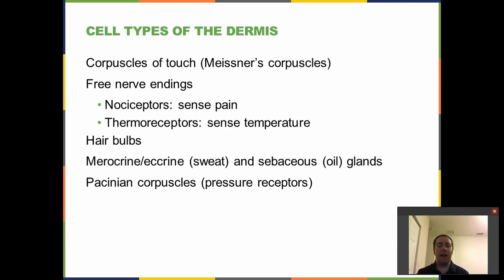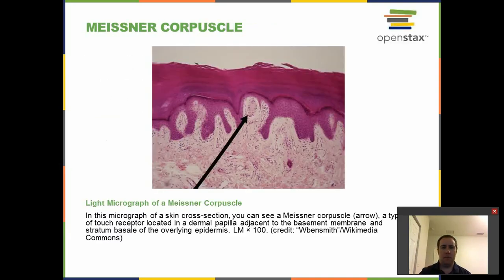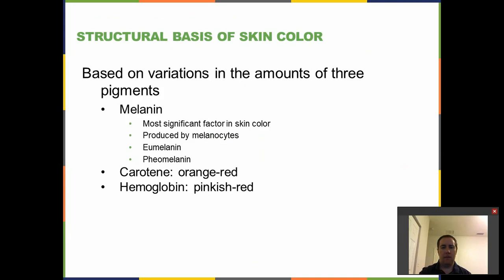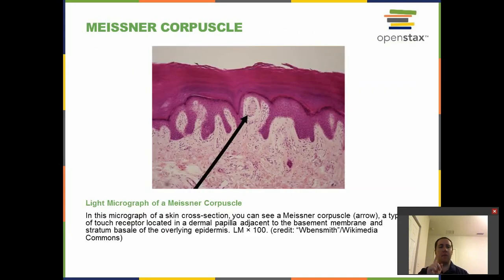Along those same lines, in terms of sensing the world around us, we have free nerve endings. Actually, let's talk about the Meissner corpuscle a little bit more here. Here we can see it.